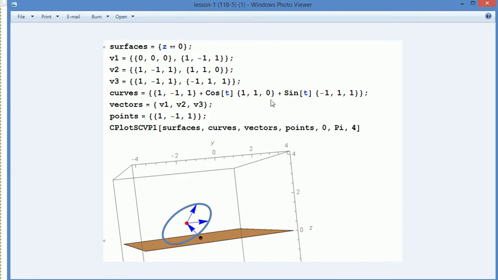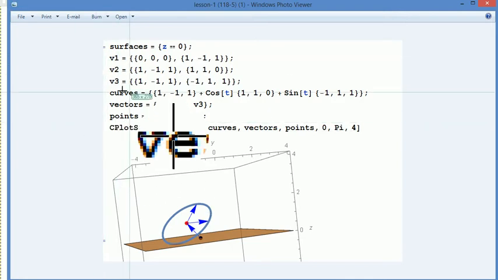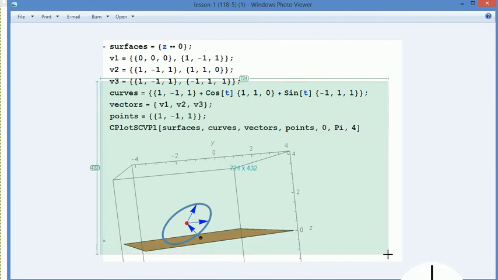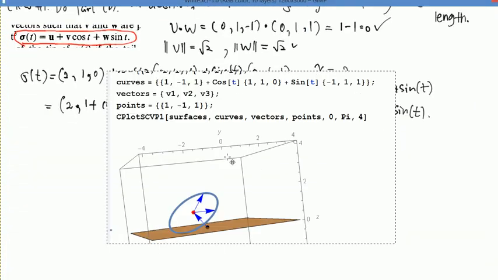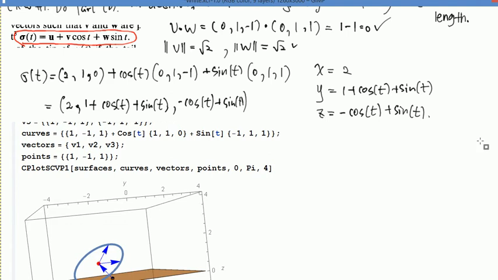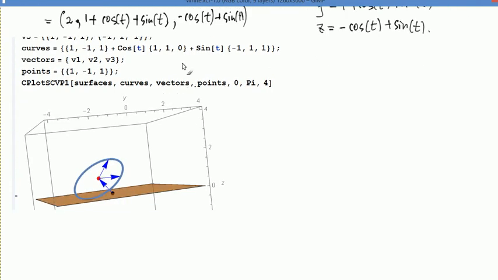So I chose just two random vectors here. Let me see if I have all the vectors shown up here and explain this picture. Let's use my program script there. One vector is 1, 1, 0. The other vector is negative 1, 1, 1. Do you think they are perpendicular to each other?